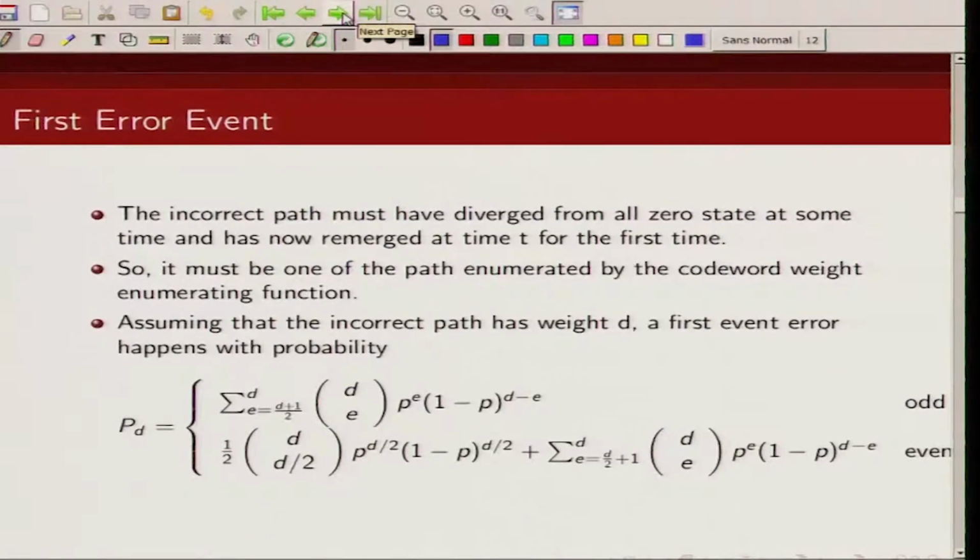So, we can calculate the probability of this first error event. What is this probability? Let us say this incorrect path has weight d. So, d is the weight of this incorrect path, which has diverged from the all 0 state at some other time and has merged back into the all 0 state at time t.